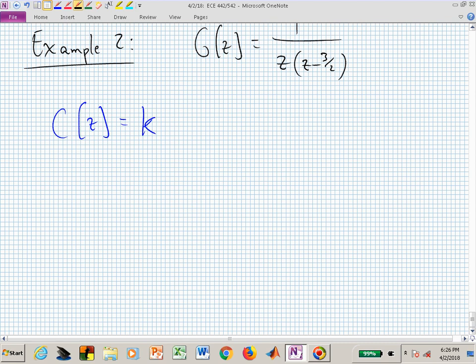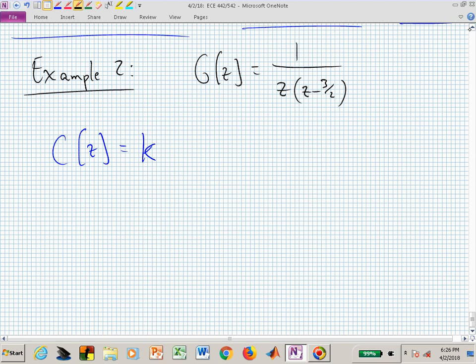And now, before we even go any further, do you already start to see what kind of natural behavior this system would exhibit if we didn't put any control around it, if we just put some initial conditions on this in an open loop configuration? What would happen?